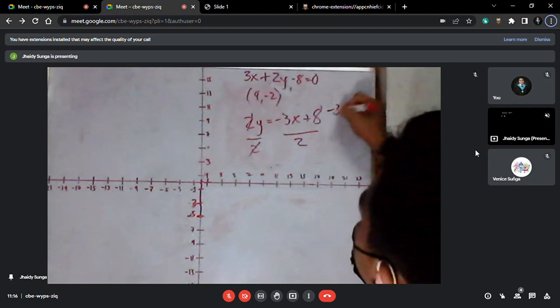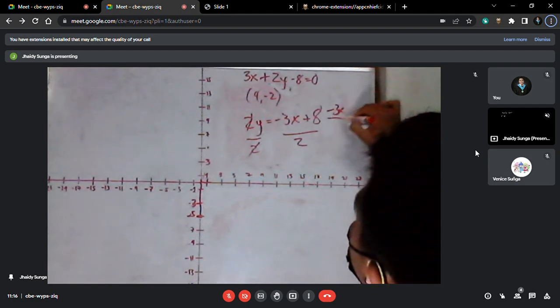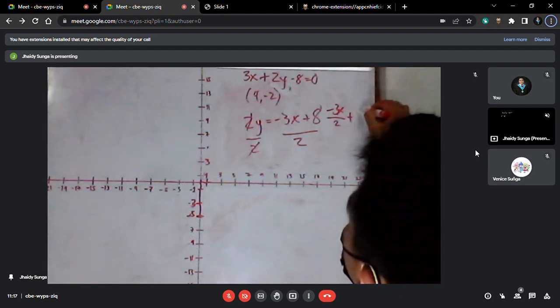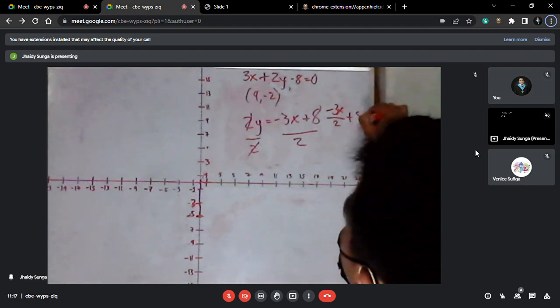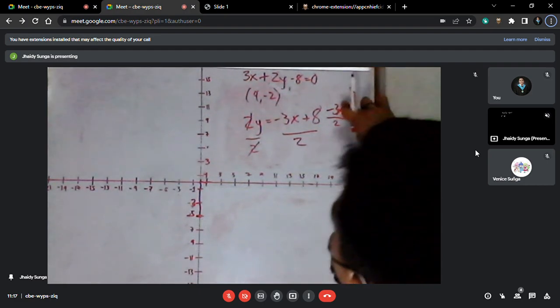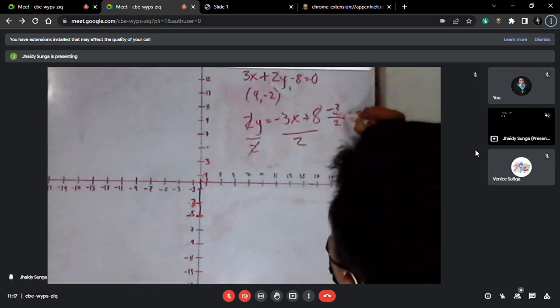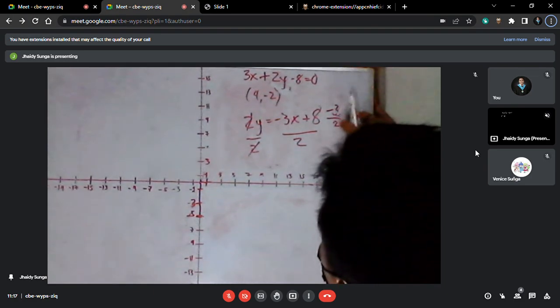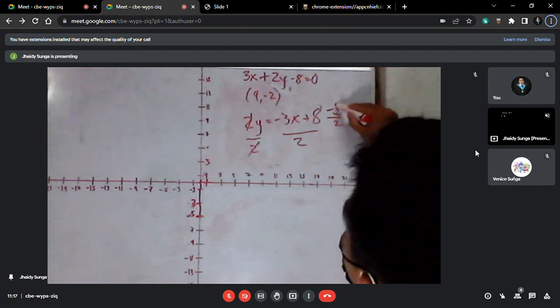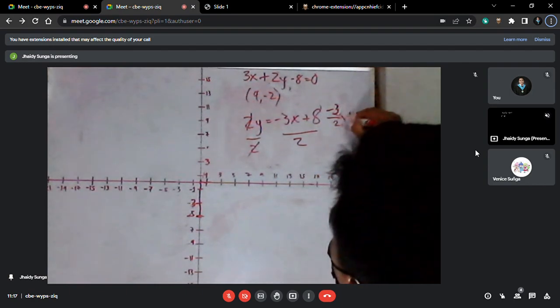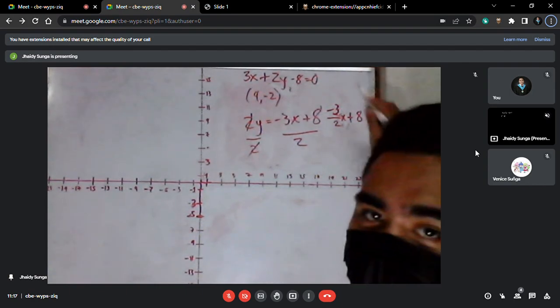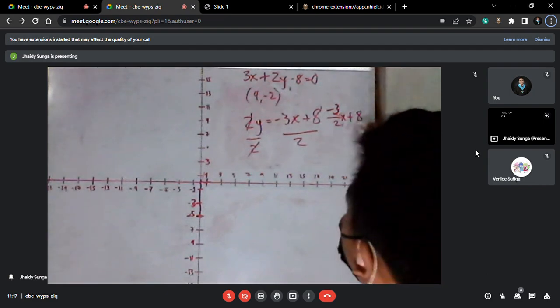Negative 3x over 2 plus 8 over 2. From this form, we could say negative 3 halves x plus 8 over 2.